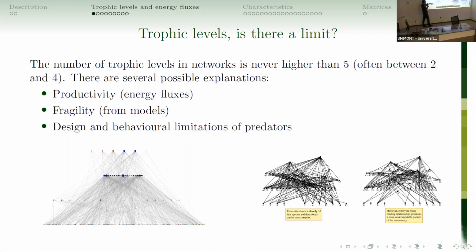These are the trophic levels: the primary producers, then predators, and predators over the predators, etc. So these are the different paths of energy going upwards through trophic levels. And what we've seen is that there are normally not more than 5 trophic levels in communities.